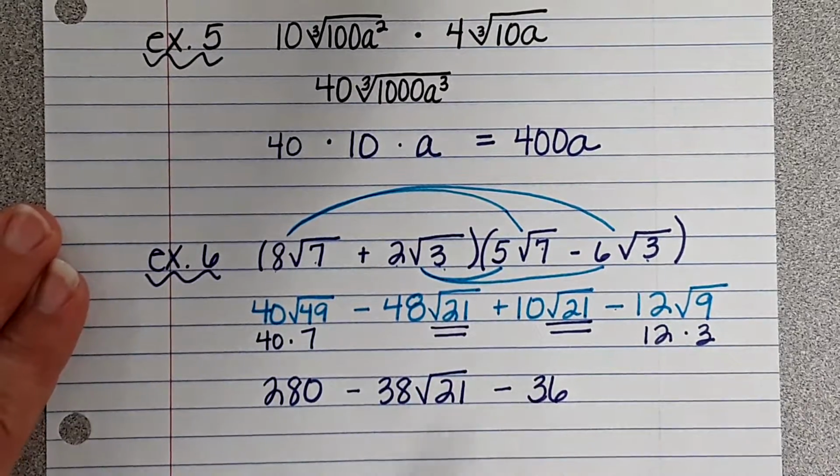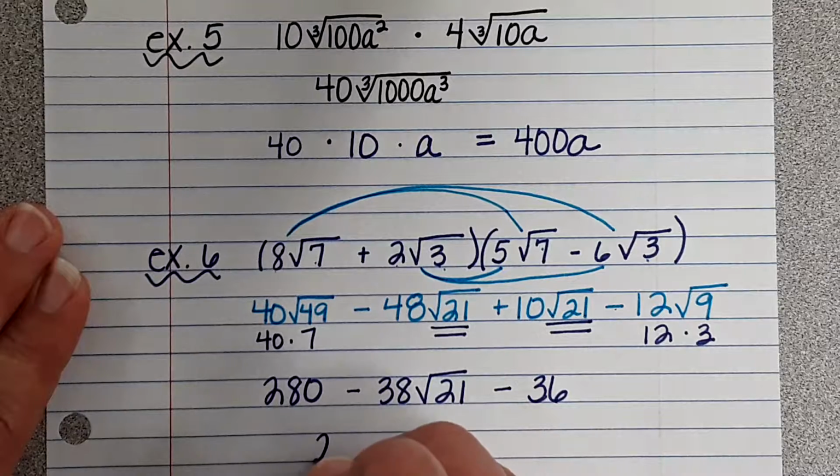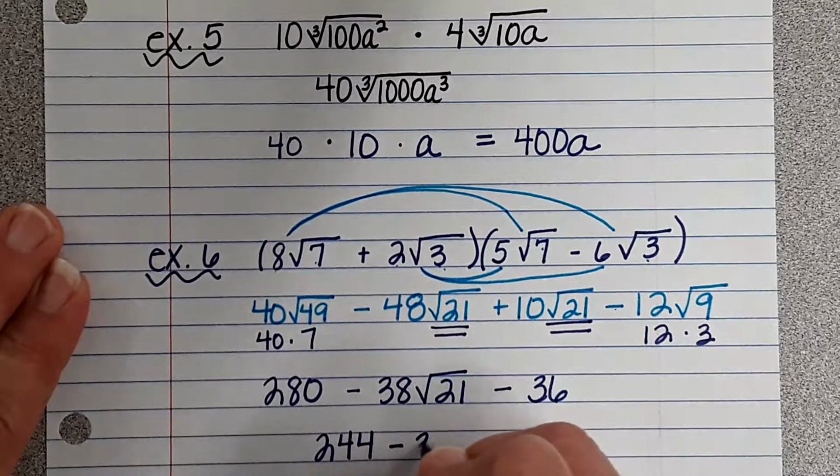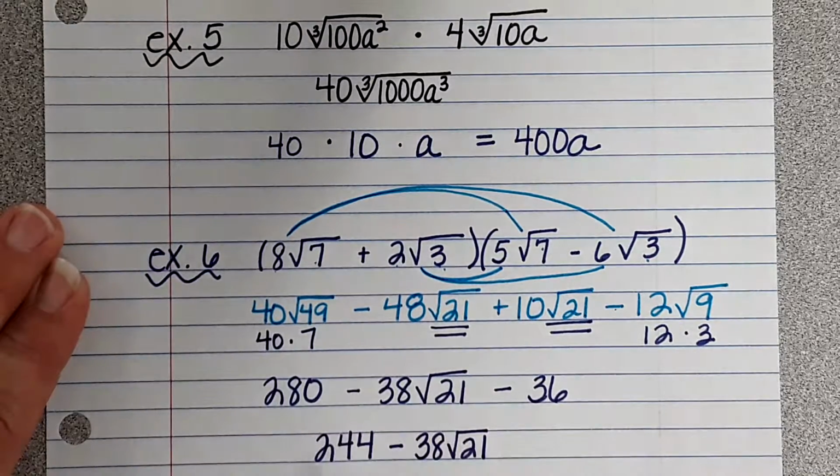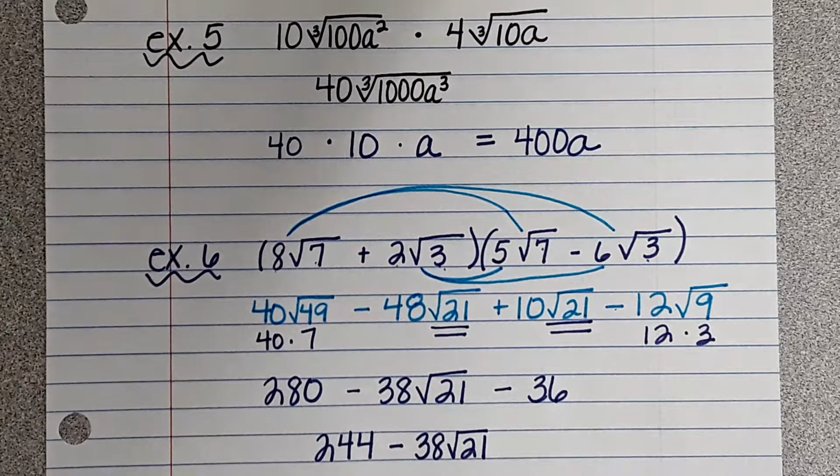Now I'm going to do 280 minus 36, which is 244 minus 38 square roots of 21. So I did the 280 minus the 36. That's how I got the 244. And I just bring down the 38 square roots of 21.